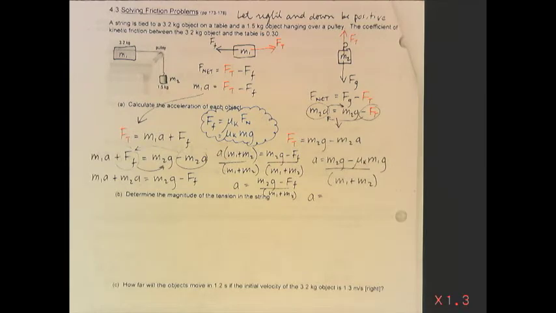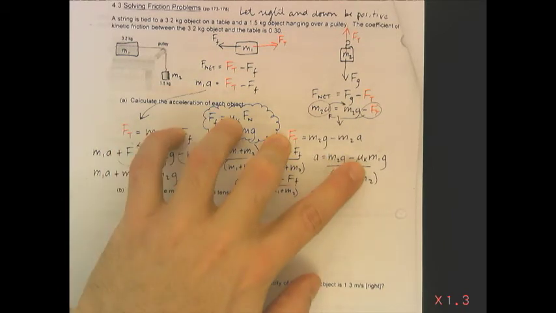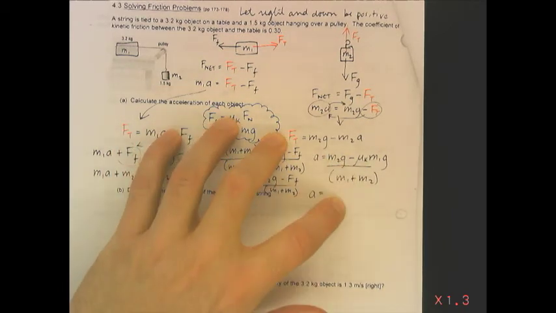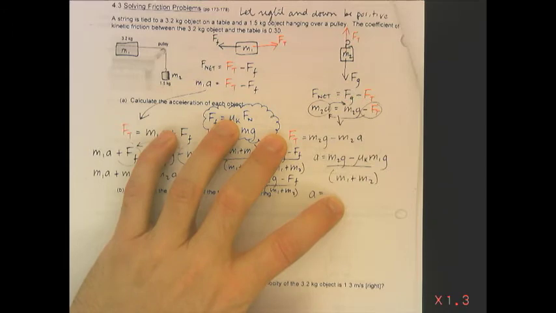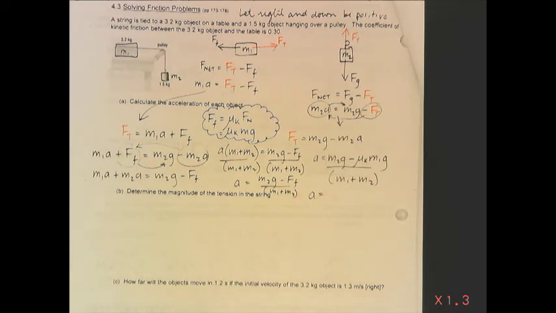So this is very similar to what we did in question 1b on page 137, where we have gravity causing the object to accelerate and friction slowing it down, dividing it by the total masses. The only difference is now we actually have to calculate the magnitude of friction given the coefficient and the mass of the object.